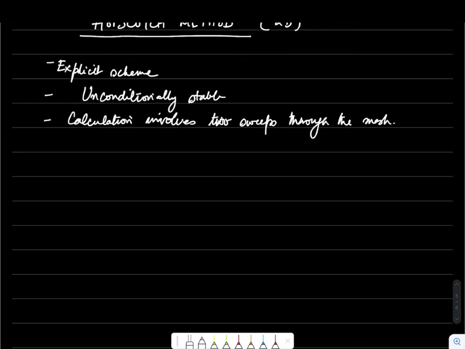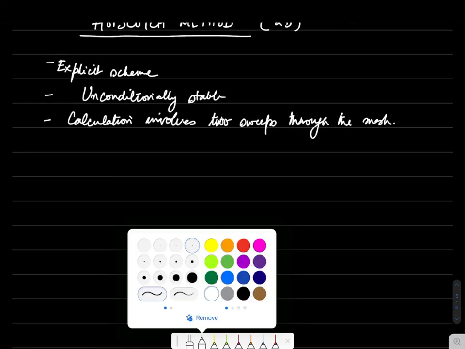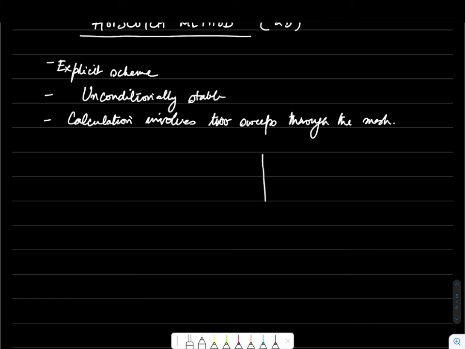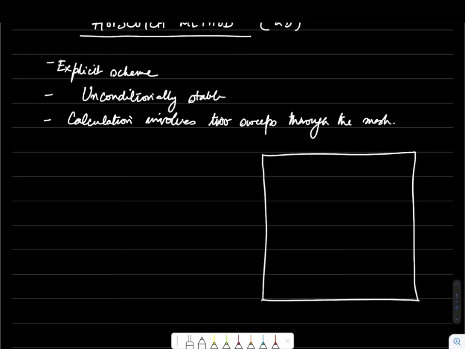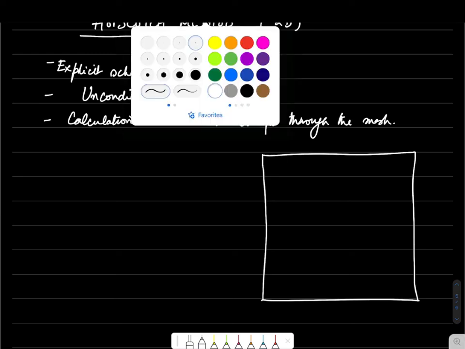So let's say we are solving a problem in 2D, as I said. Let's say we have a problem of this type. Okay, let me also make a mesh to illustrate what we are going to do.